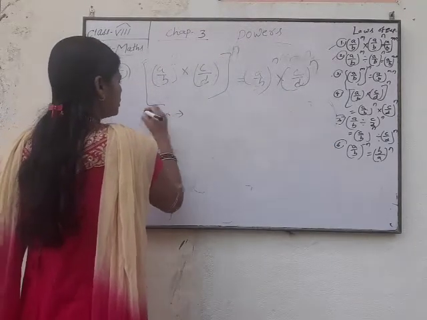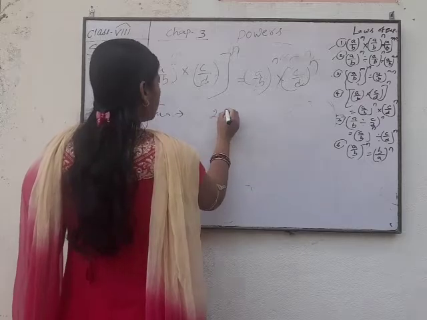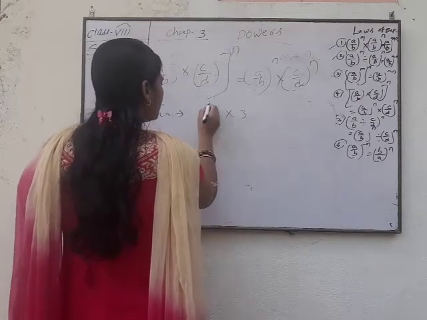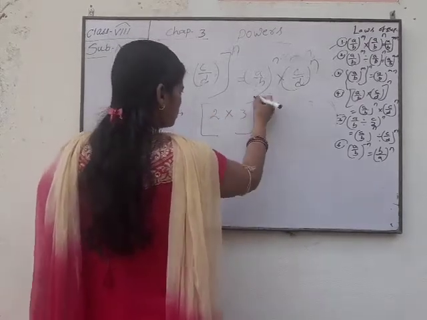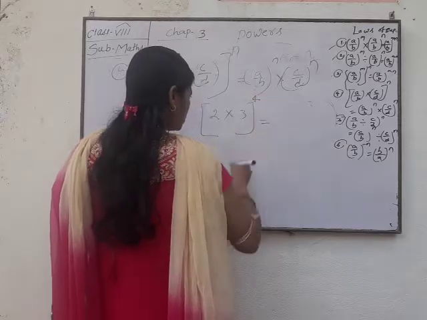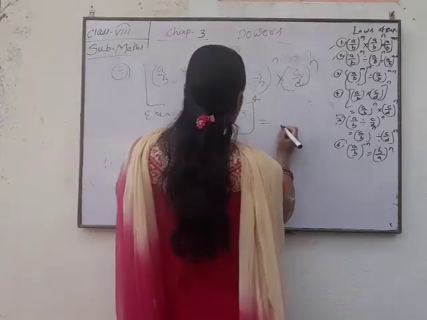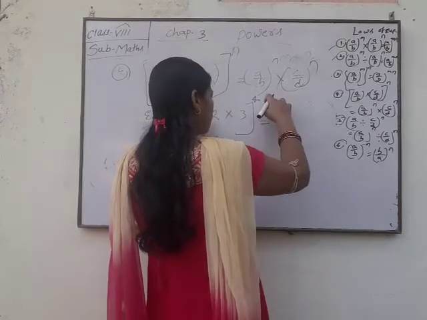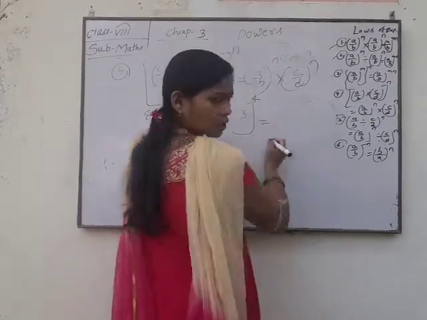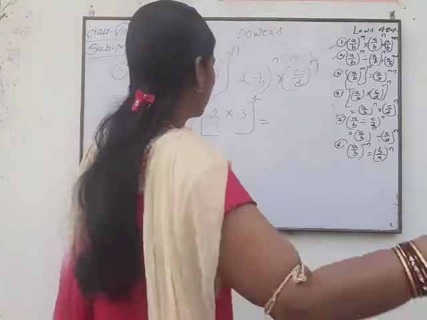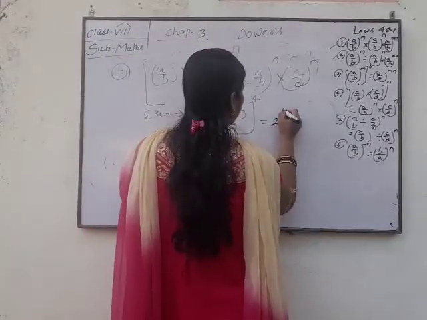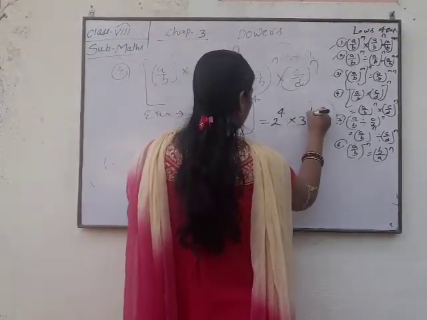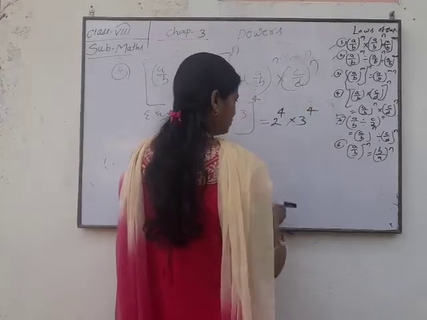One example, 2 into 3 to the power, suppose there is 4. It means what? You may multiply first 2 into 3 and then write 4 times. Otherwise, 2 to the power 4 into 3 to the power 4. This is your result.